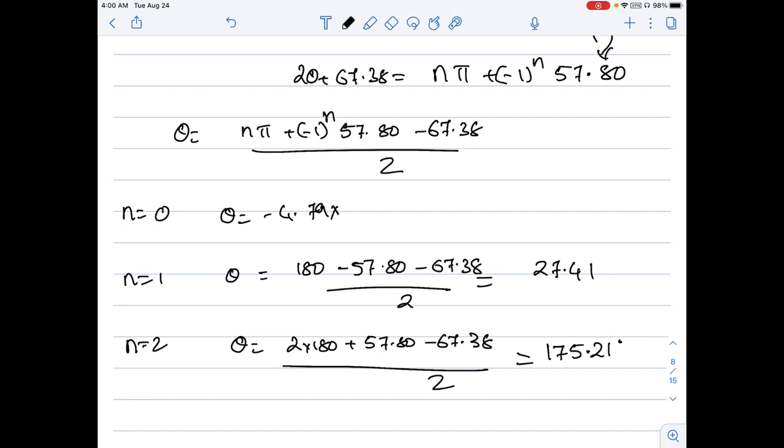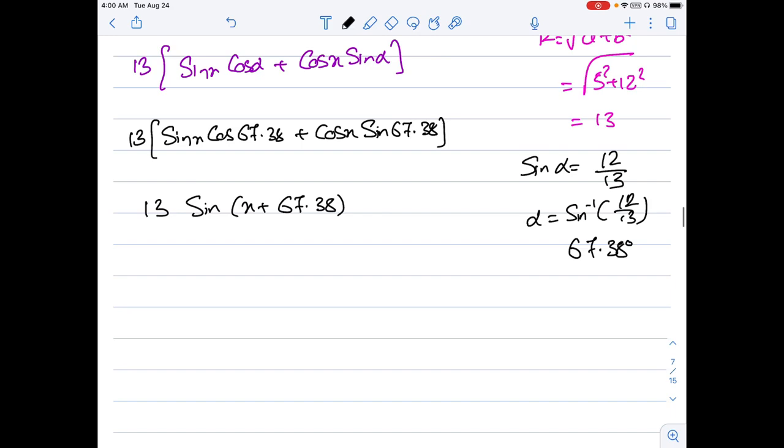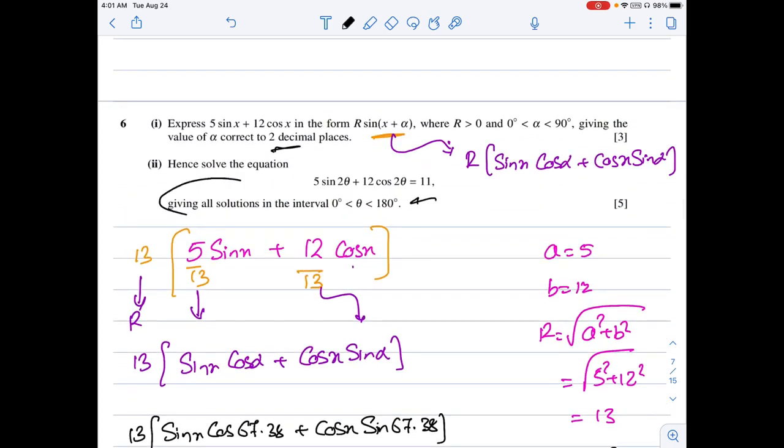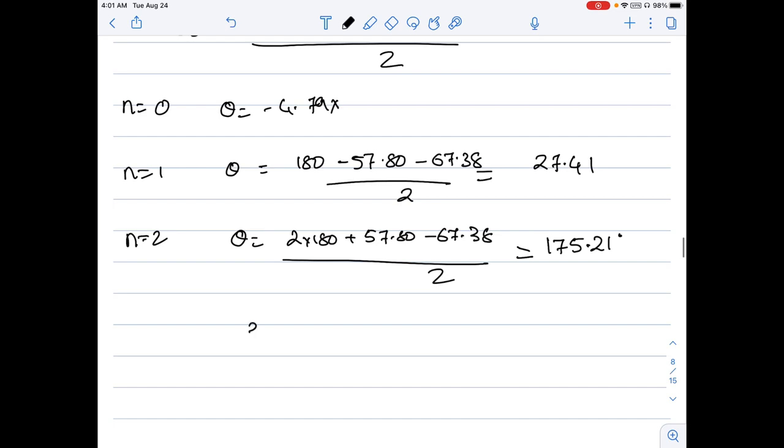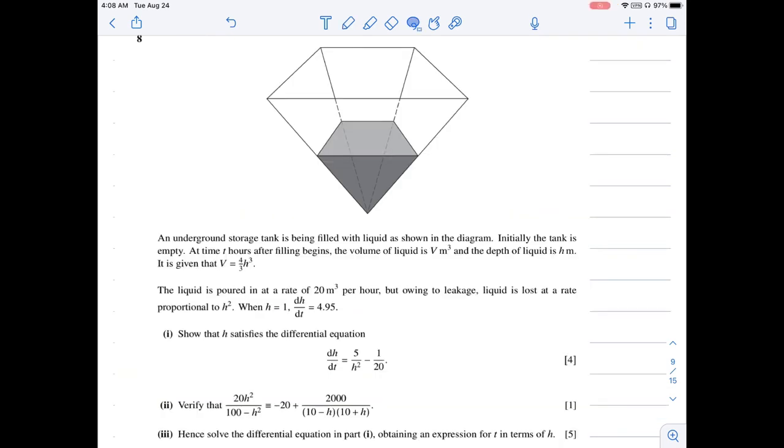That's going to be the final answer. But in the question, he has never told us it is 2 decimal places, just to give all the solutions. So our answer should be in 3 significant figures, so it should be 27.4, and 175.2 degrees in 1 decimal place. That's going to be the answer.